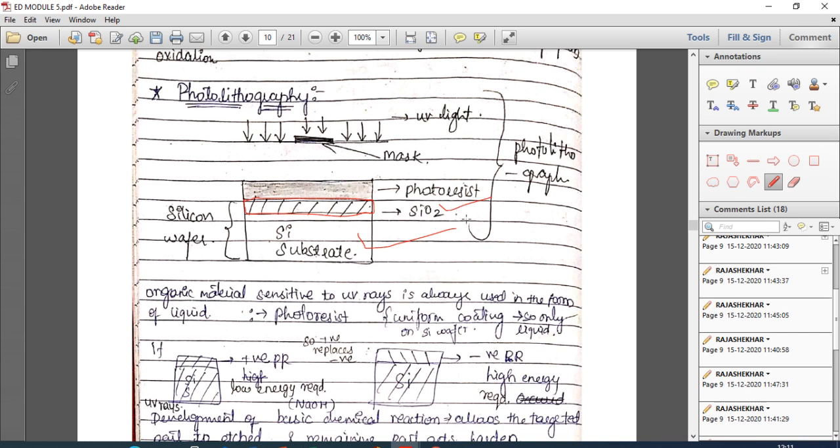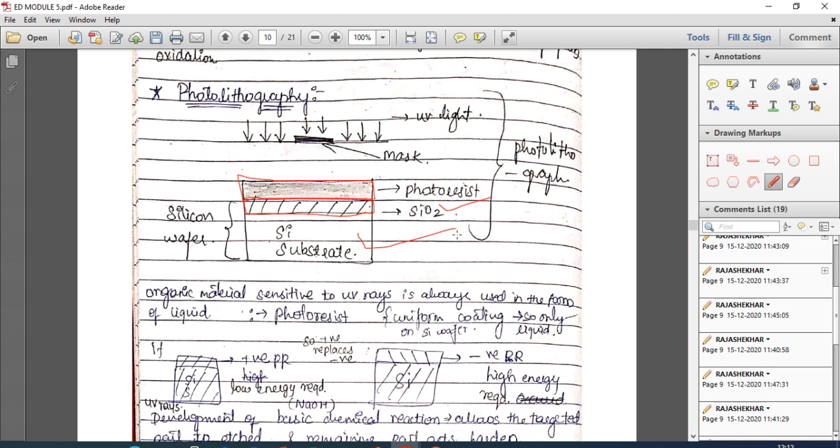Now the next is what we call the photoresist material. The nature of this photoresist material is that it is very sensitive to the light or UV rays.